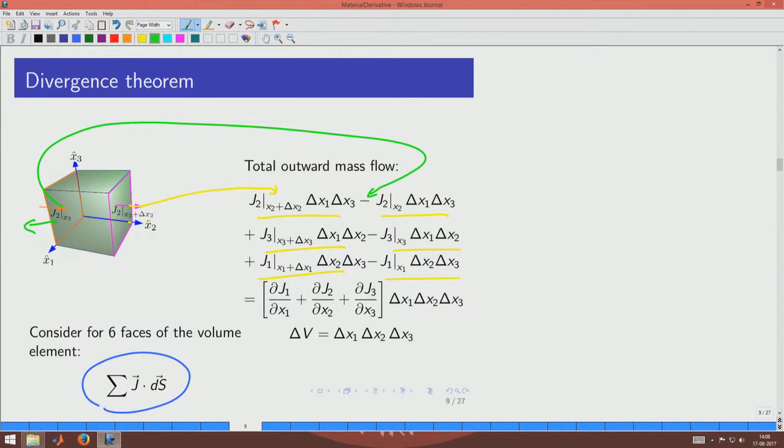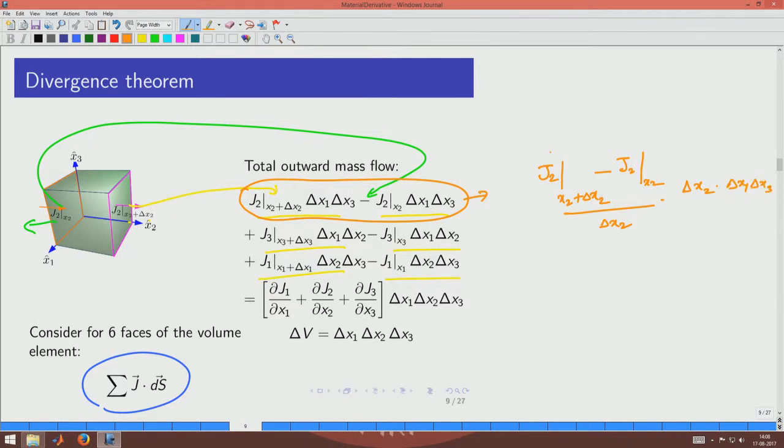So, when you then add them up, we have an interesting observation here. You see that delta x1, delta x3 are there. What we can do is take this expression alone and modify it. So, we write it as j2 at x2 plus delta x2 minus j2 at x2, divided by delta x2, and also multiplied by delta x2, into the remaining terms that are given already.